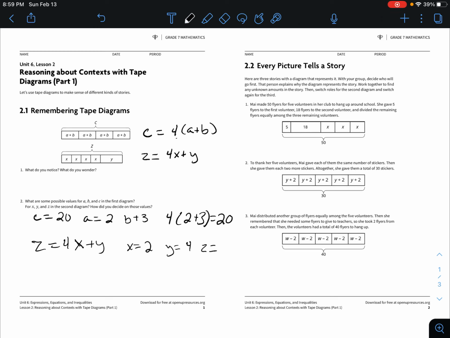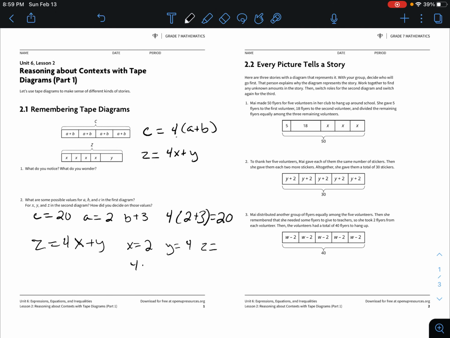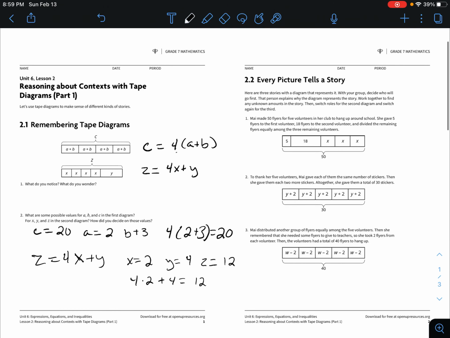So 4 times 2 is going to be 8 plus 4 is equal to 12, so Z would equal 12. So this is just looking at tape diagrams and what possible values could be.